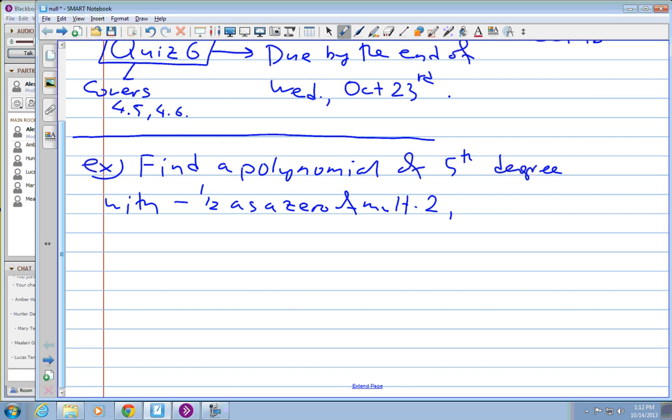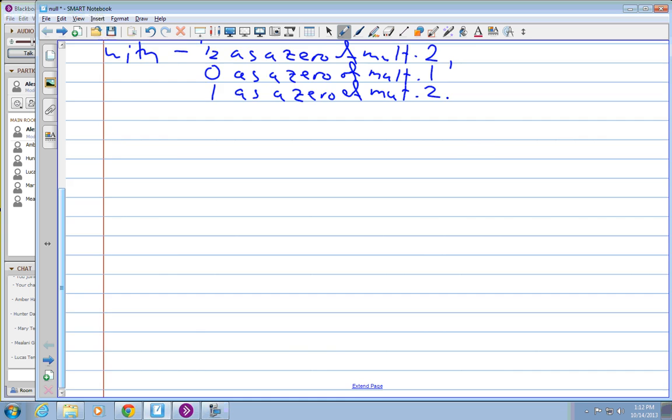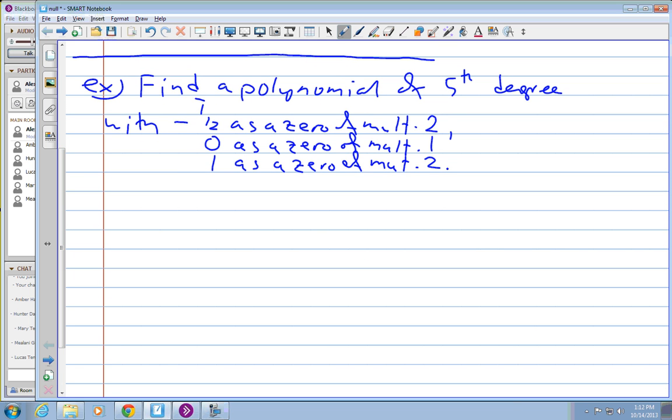It also has 0 as a 0 of multiplicity 1. And it also has 1 as a 0 of multiplicity 2. So basically we have the list of zeros and the multiplicity. I want to find a polynomial function of degree 5 that satisfies these 3 conditions. Okay?